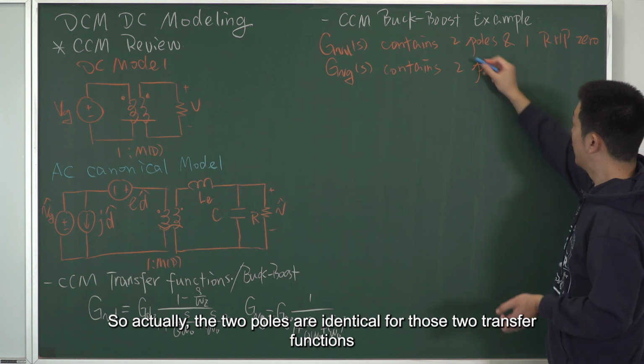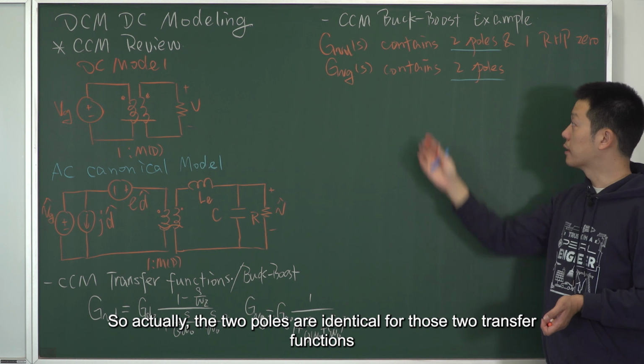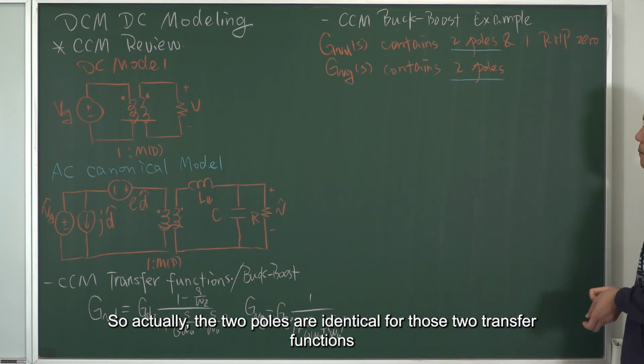So actually, the 2 poles are identical for those 2 transfer functions.